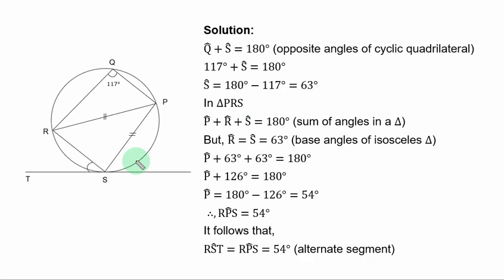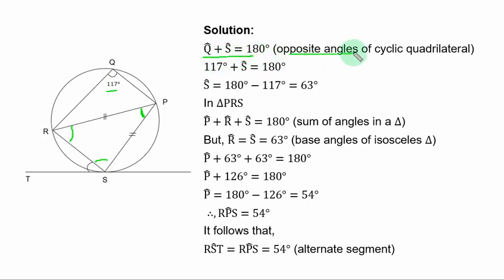Solution: we are to get angle RST, and it is equal to this angle. For us to get this angle, we need to get this angle with the help of 117 degrees. In the cyclic quadrilateral PQRS, angle Q plus angle S is equal to 180 degrees.